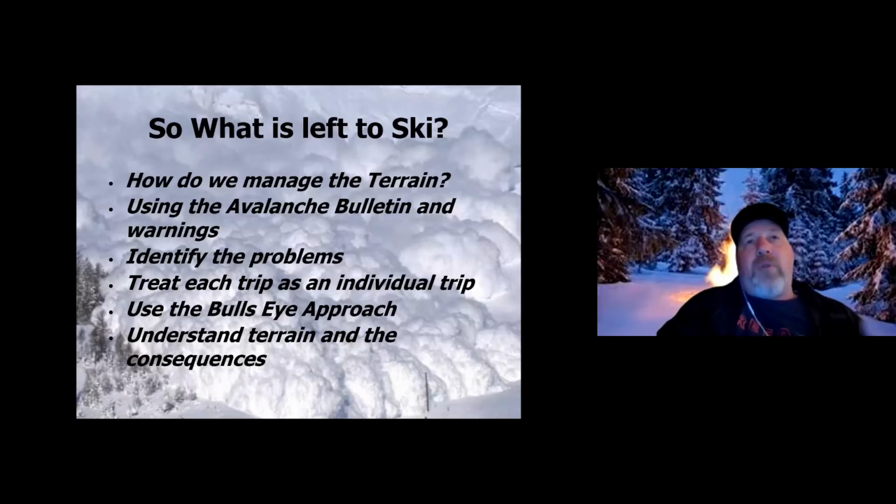If my number one problem might be that deep persistent slab, well, what elevation did that rain crust take place? If it's anything below 9,000 feet, well, great. Maybe above 9,000 feet might be where I go, because that area wasn't affected by that rain crust, and therefore I may not see the faceting that could take place, right?